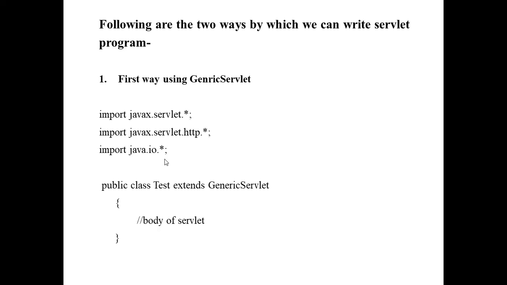The IO package is mostly used for performing input output operations. And the javax.servlet and javax.servlet.http packages contain the classes and interfaces that are required for performing operations related to the servlet. So at the time of performing servlet related operations, we need these two packages plus the java.io package.